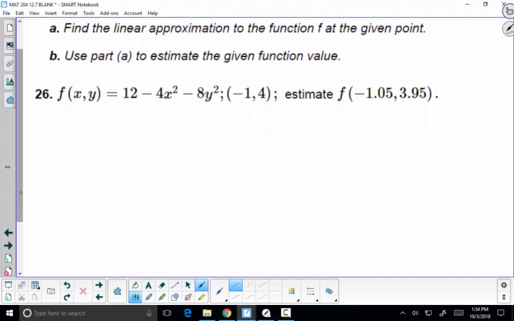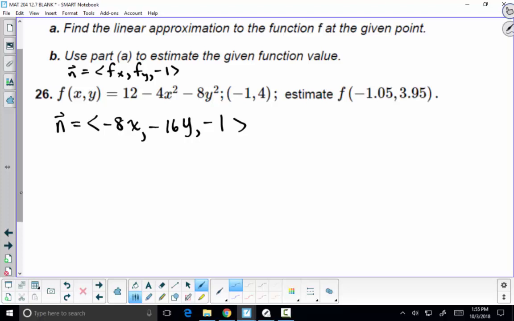We write the tangent plane explicitly, then z equals, that's approximating along the tangent plane. The normal vector will be minus 8x, minus 16y, negative 1. You can build that in your head, or just get to the point where it's always going to be f sub x, f sub y, negative 1 when you have an explicit surface.